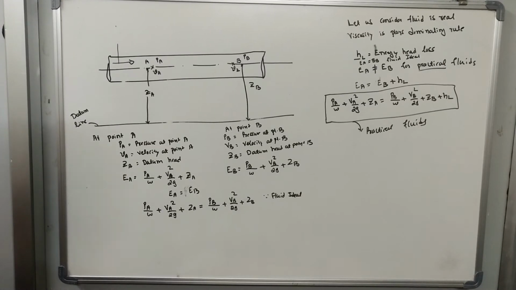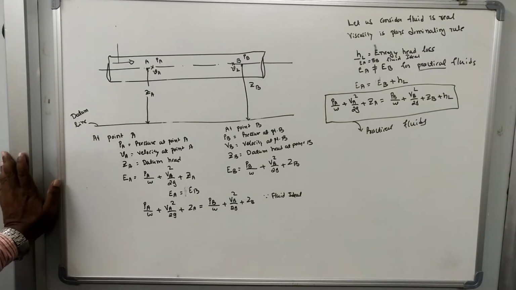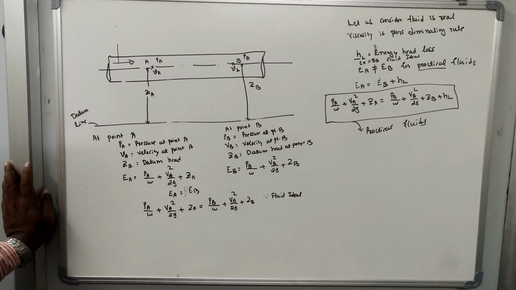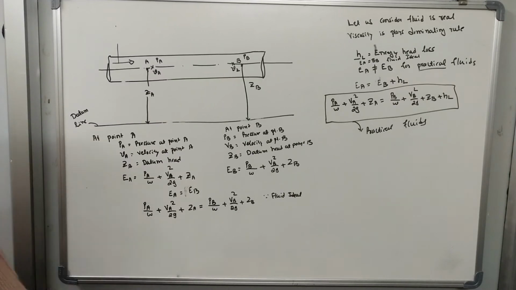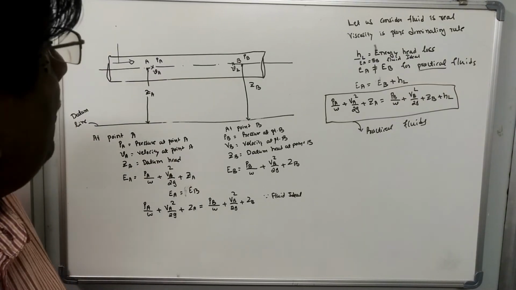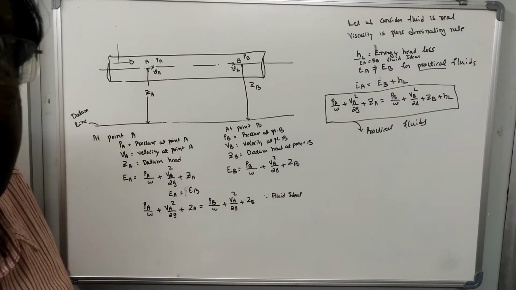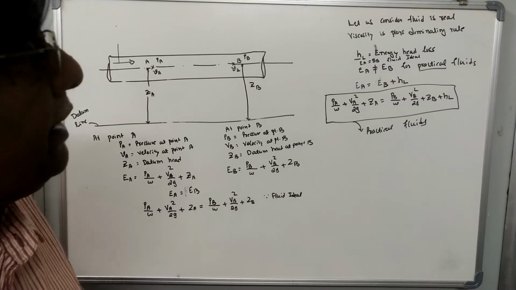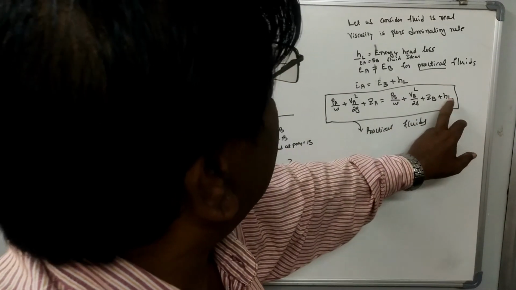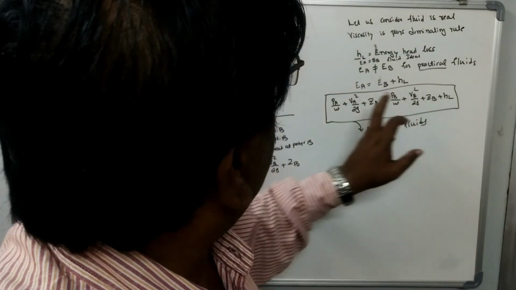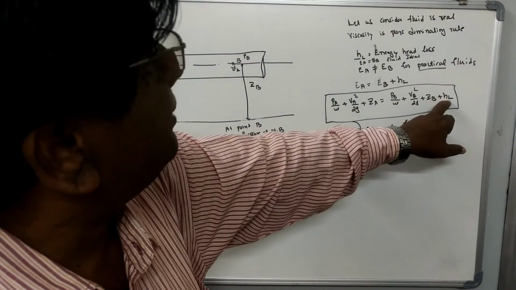That is, PA by W plus VA square by 2G plus ZA is the energy head possessed by the flowing fluid at point A. And when fluid flows from point A to point B, there is a loss of energy head. That loss of energy head is HL. So you have to add this term.